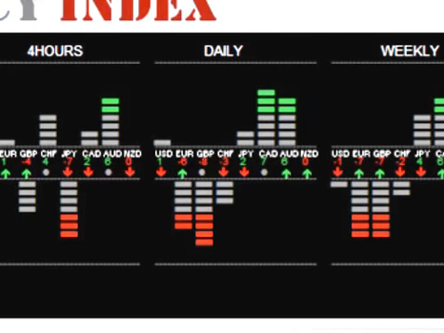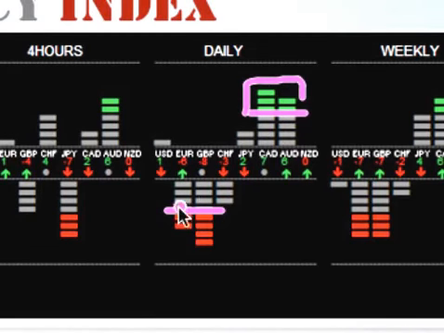Alright? Now, anything above plus 5 points of strength or below minus 5 points of weakness is considered extreme readings, and therefore these are the currencies that are gonna give us the best and easiest and most profitable trading opportunities on this precise day.